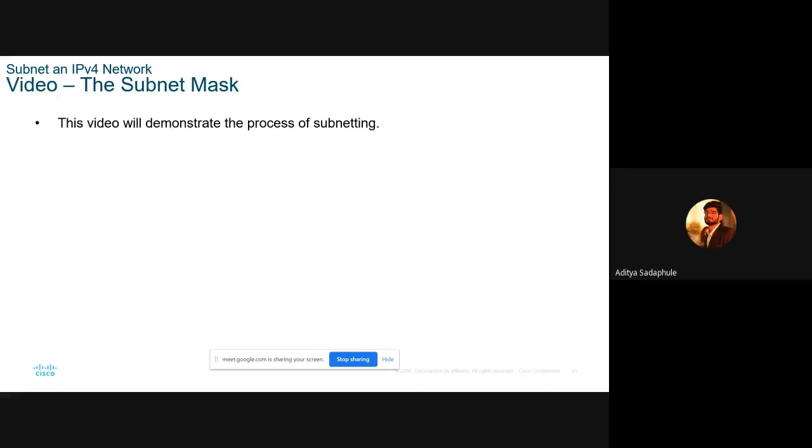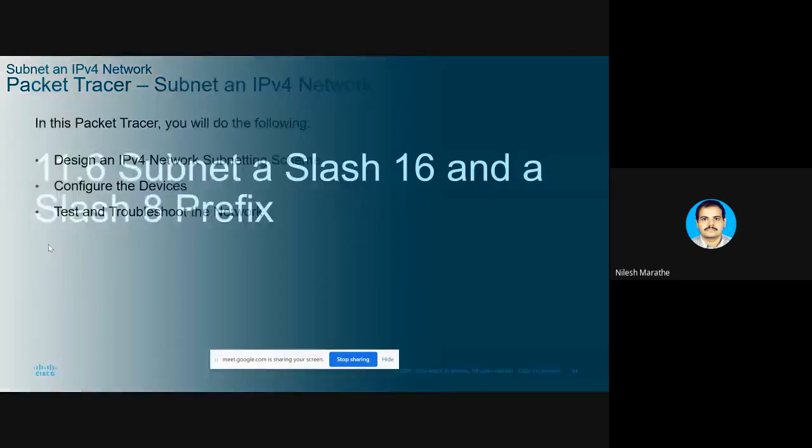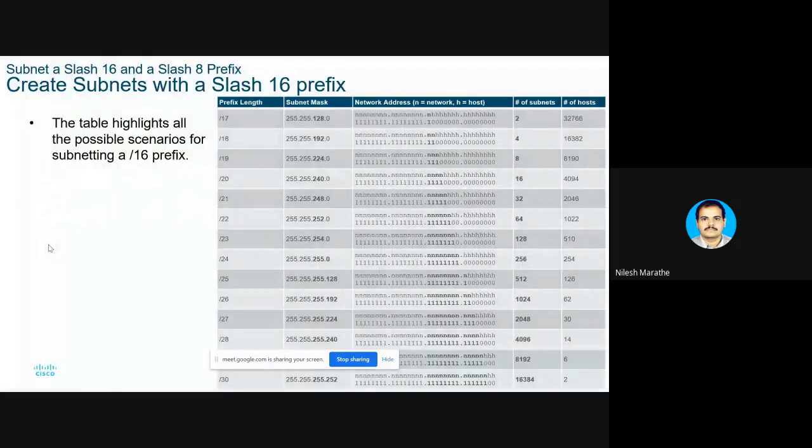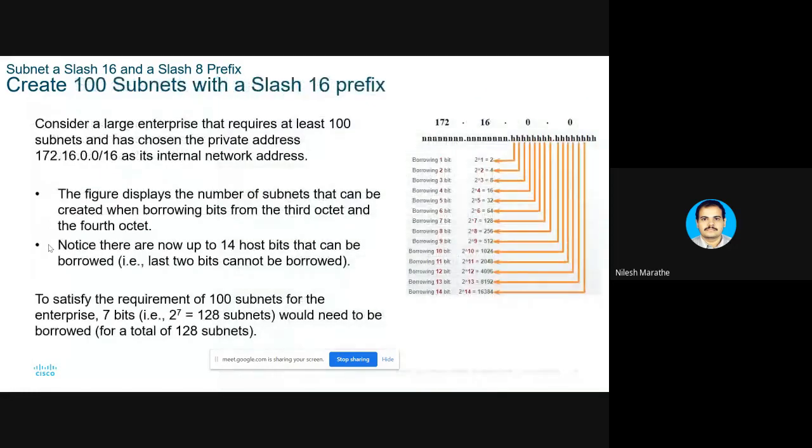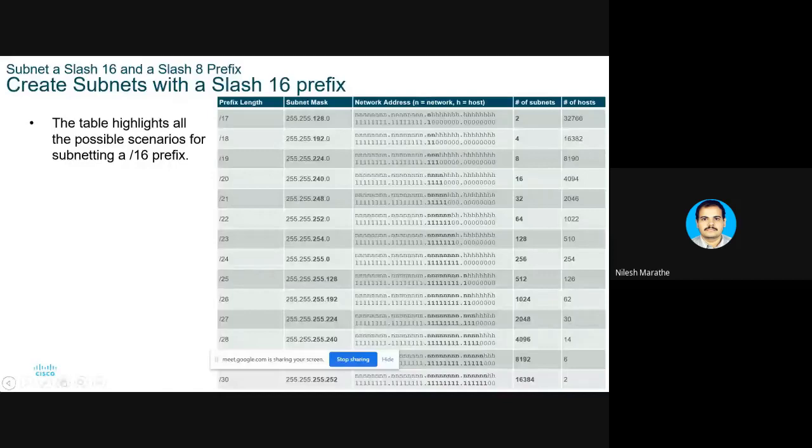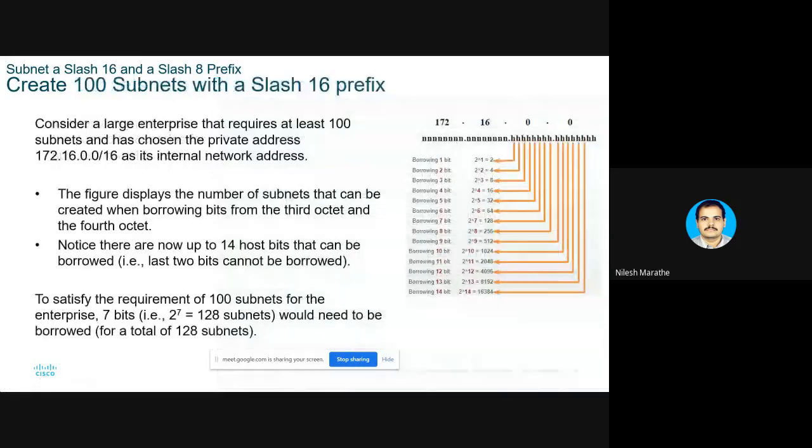Yes, sir. So there is a video. Should we go for the video or a problem? Let me go for a problem. We will see the video a bit later. This is one example of a /16 prefix. So we can go on dividing it. They have given one example. If we have the 172.16 IP address given in the range /16, then this many host bits are there. If we borrow 1 bit, the number of subnets is 2.